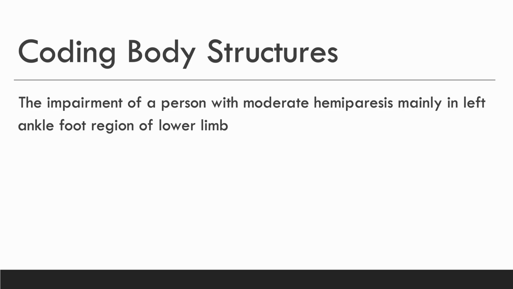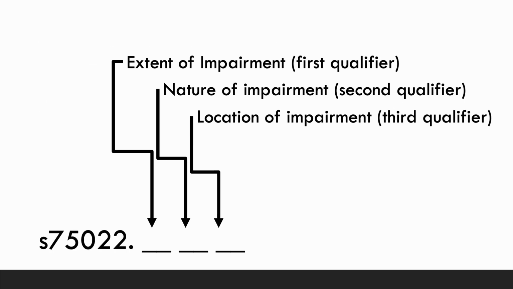So that's how you would do that if you want to go back at home and practice on your own. And then you can see here, the S75022, if you search it, the first number is going to be the extent of the impairment as the first qualifier. The nature of the impairment is going to be the second qualifier, and the location is the third qualifier.